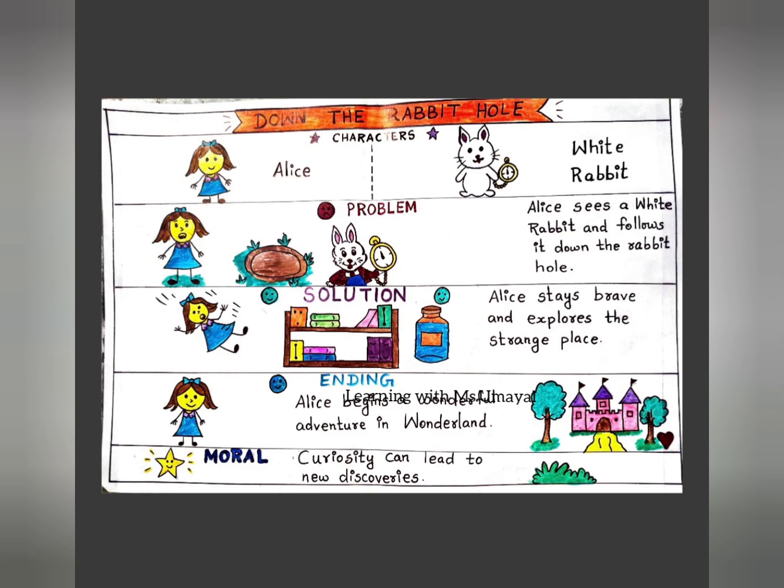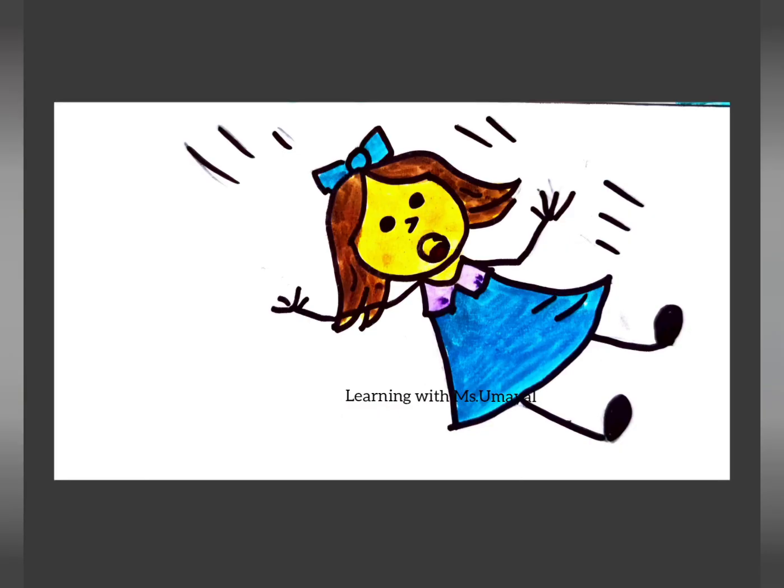As we are done with the story, let's remember few things about the story. In the story, who is the main character? Alice. She sees a white rabbit. The rabbit is wearing a waistcoat.